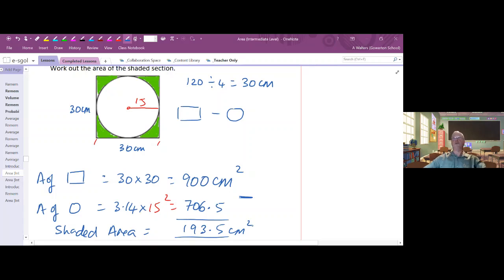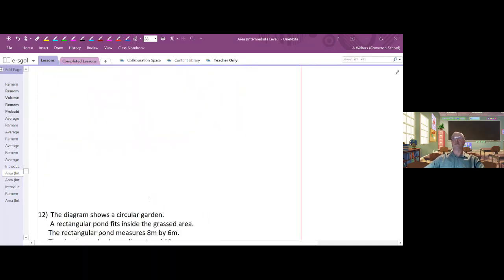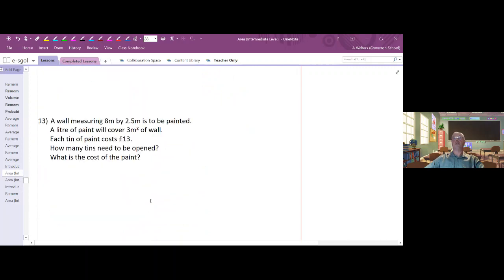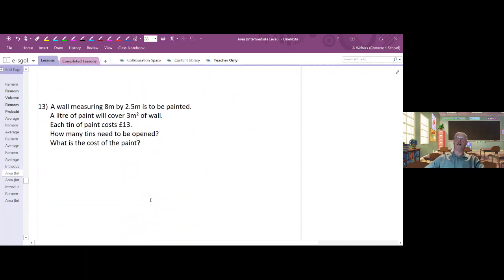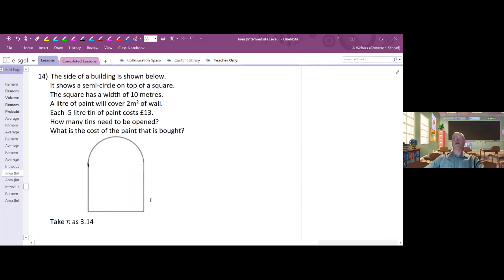Right, I'm going to look at one more question. I'm going to skip out a few things here. Something slightly different, problem solving question, and I'm going to look at this one. Okay, now I'll highlight one or two key things. It's a semicircle on top of a square. The square is a width of 10 meters.